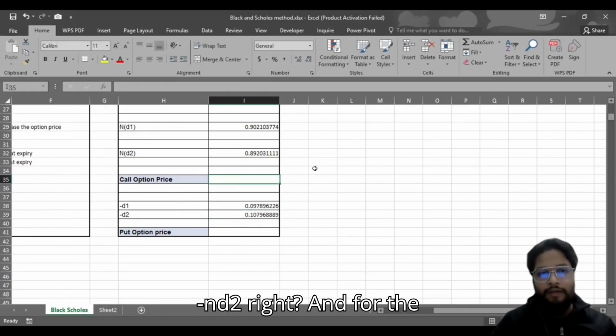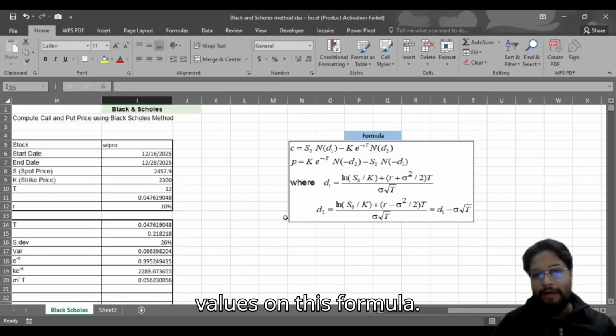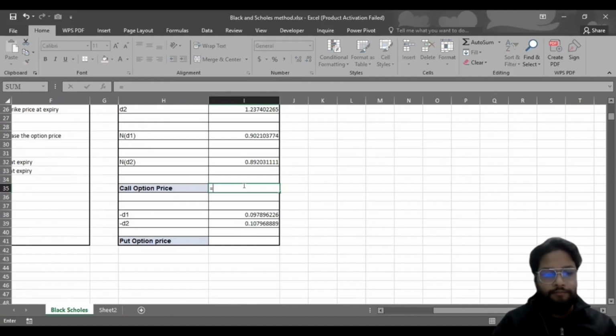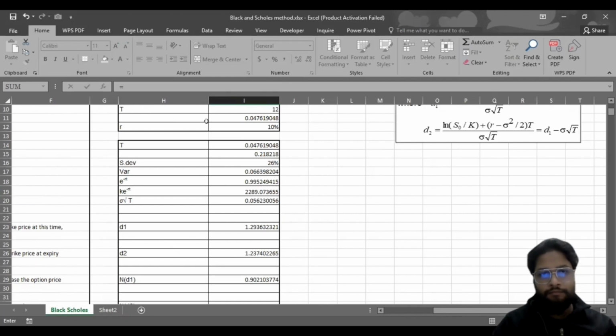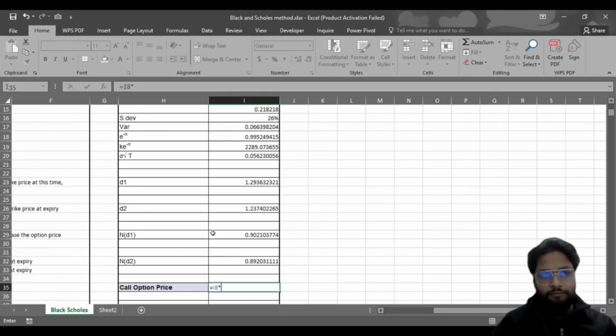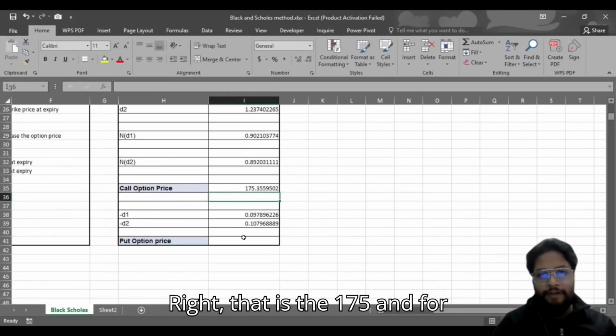And for the call option price, we just put the values into this formula. That is 175.